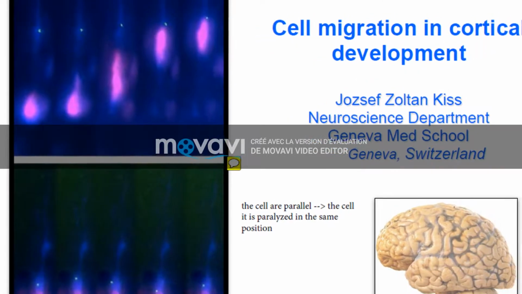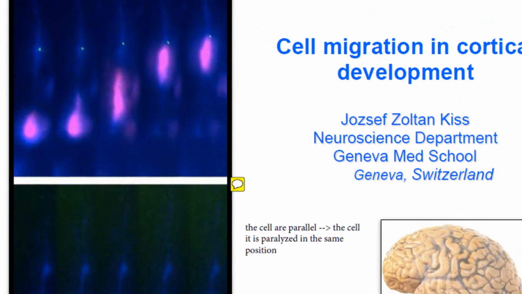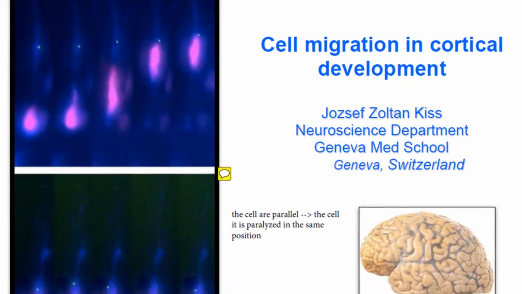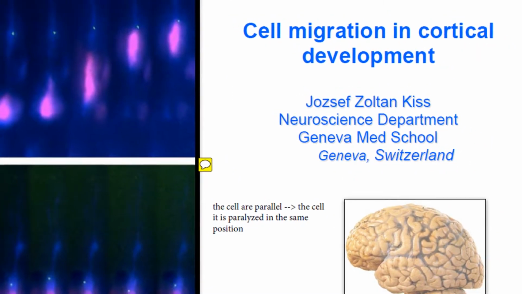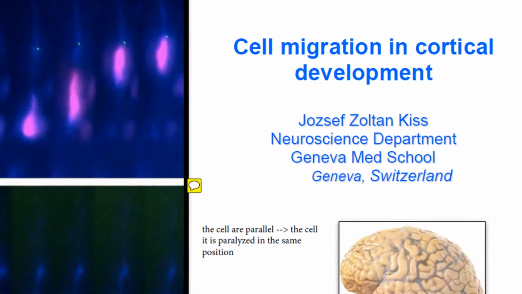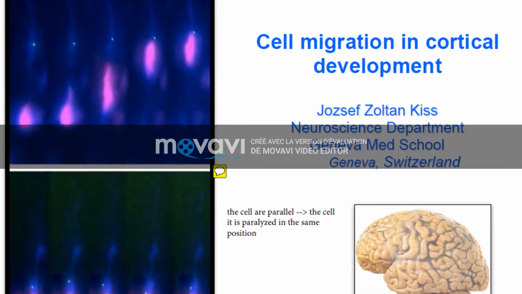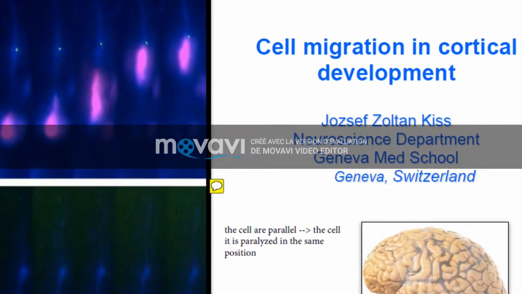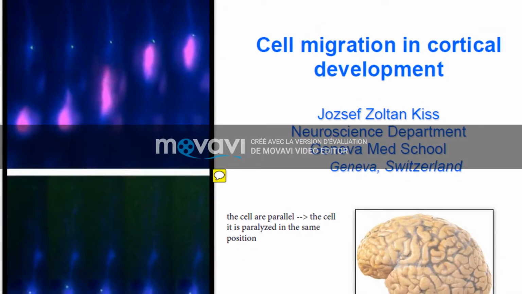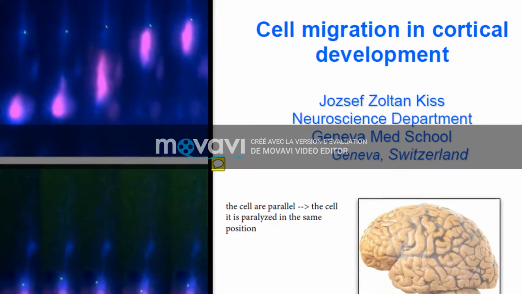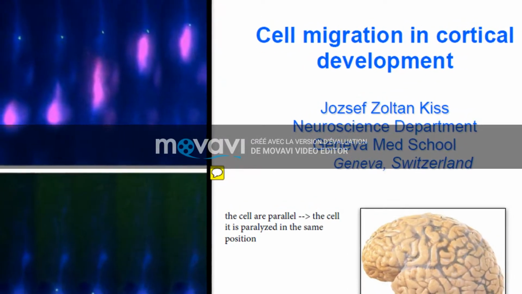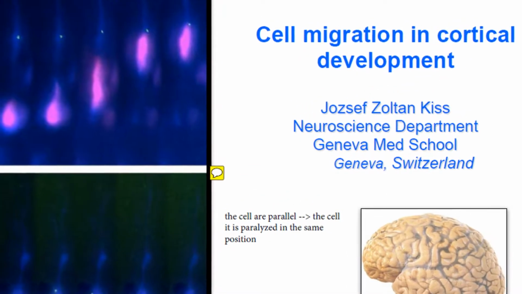So layer formation is the production, migration, and positioning of pyramidal cells. How do pyramidal cells know where to go? How is this migration guided? What is the mechanism?